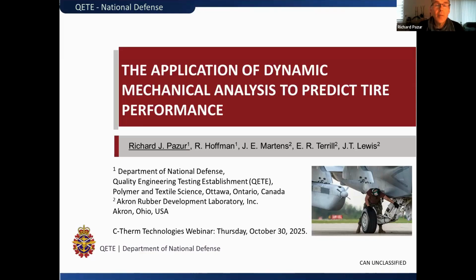This presentation will be talking about the DMA and what we can do with this piece of sophisticated equipment. I'm going to show some work that we've done, it's been a few years now, looking at predicting tire performance with the DMA. This work was done in collaboration with Akron Rubber Development. I couldn't do it all alone. They have the experts looking into tire and tire testing, particularly Ed Terrell.